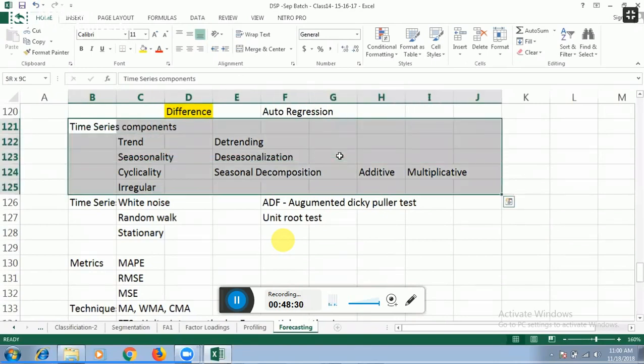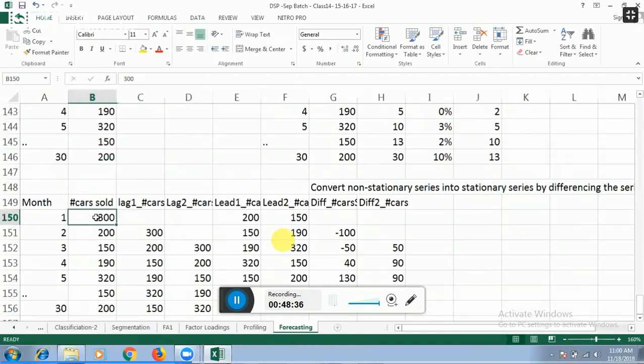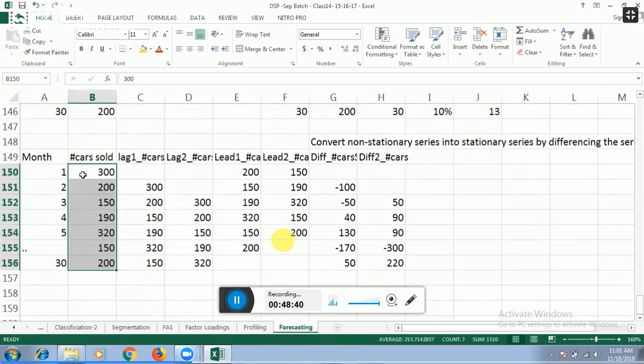Whenever we are talking about a time series, suppose the sales. It could be because last month's sales are high and this month's sales are also high, and the overall market is growing. Because of the trend, you're also seeing some increment in the sales.